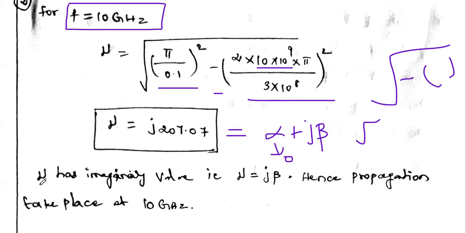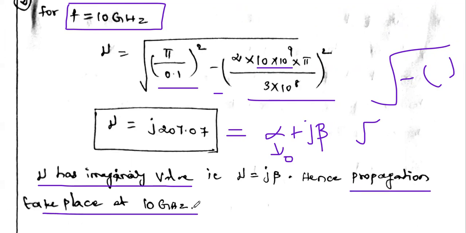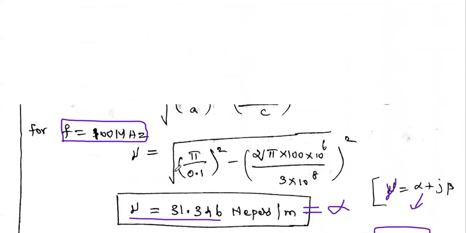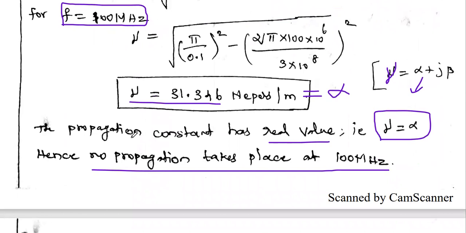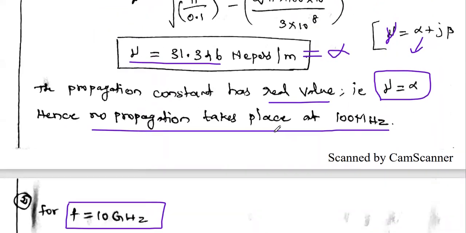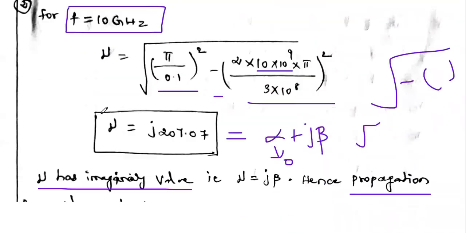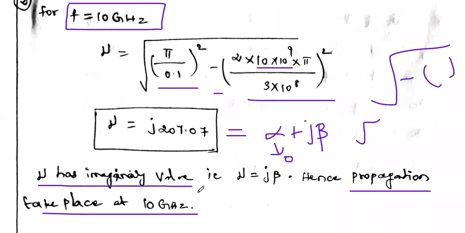So if the propagation constant has an imaginary value, the attenuation is 0, and the propagation takes place at 10 gigahertz. At 100 megahertz, propagation will not take place since all the signal gets attenuated, but at 10 gigahertz propagation takes place.